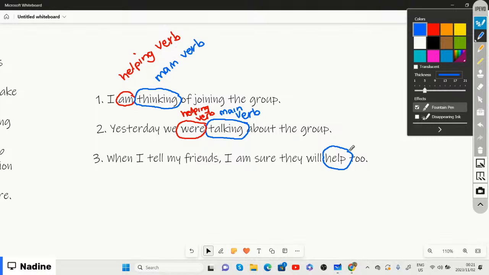So if help is the main verb, then what is the helping verb within that sentence? What is the helping verb that helps the main verb to show action?